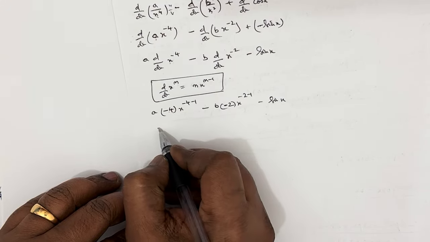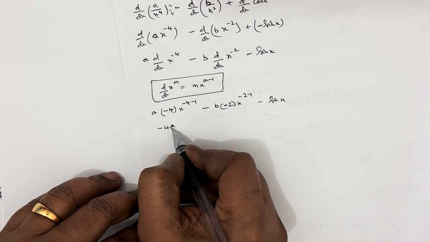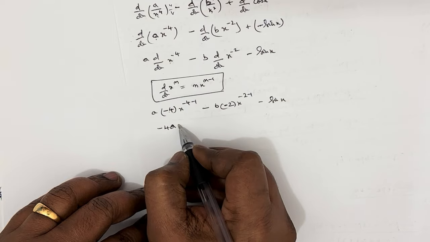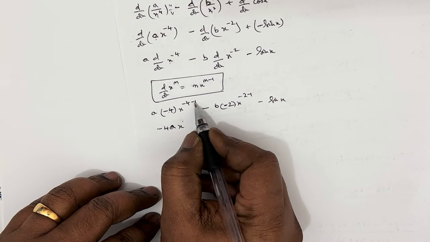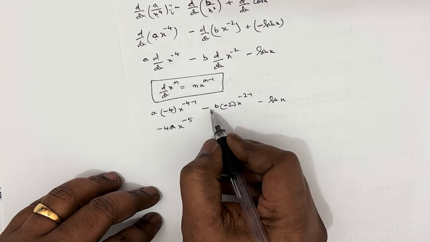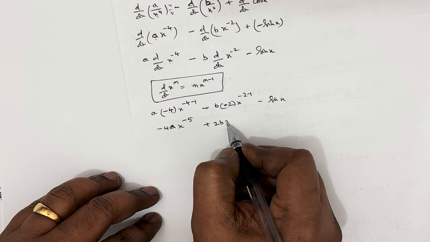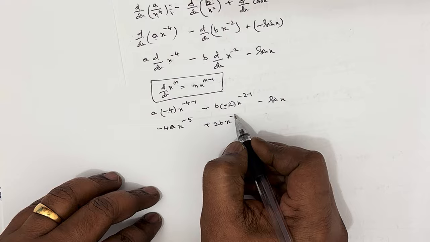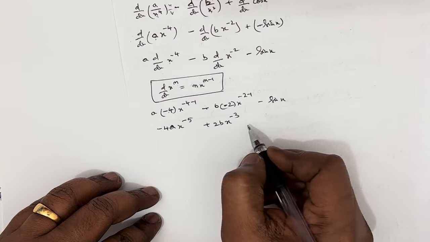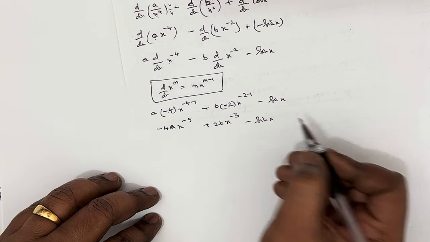Now a into 4 will be minus 4a, x raised to minus 4 minus 1 will be minus 5. This will be negative into negative will be positive 2b x raised to minus 3, and minus sine x.